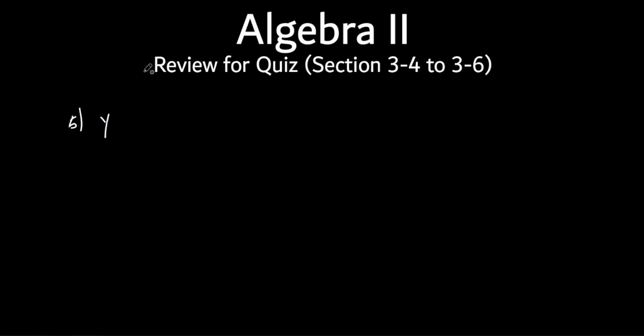So what is it? y is greater than or equal to 3x minus 2, and y is greater than negative 2x plus 1. It says solve each system of inequalities graphically.